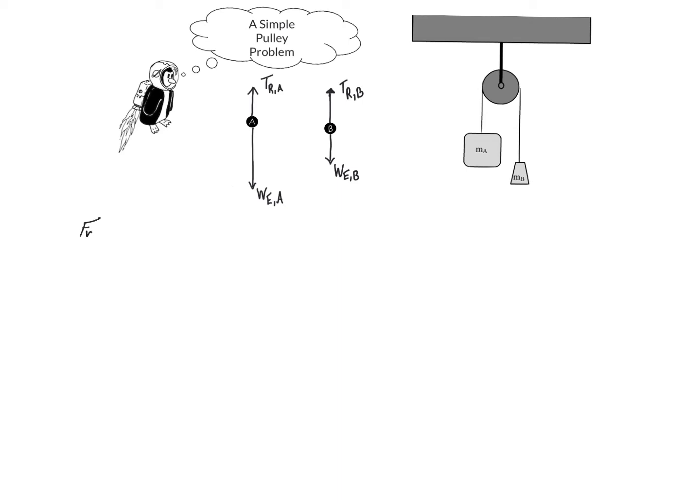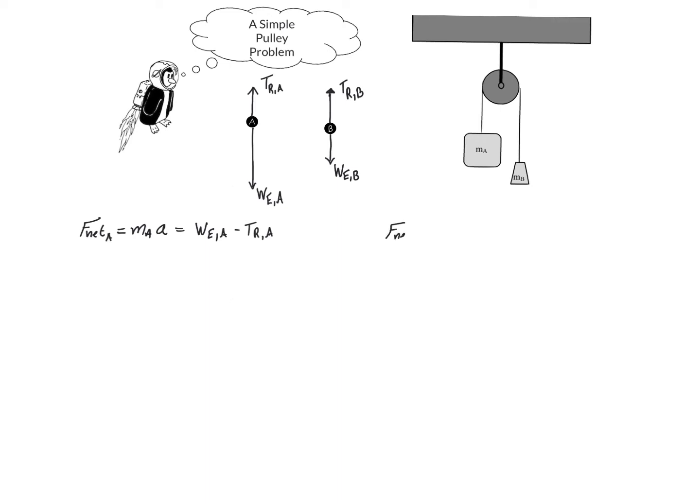So F net on block A is going to be the mass of block A times the acceleration. And that's going to be equal to, here the weight force is positive because it's in the positive direction as we defined it, meaning that the tension force acts against it, and I give it a negative sign.